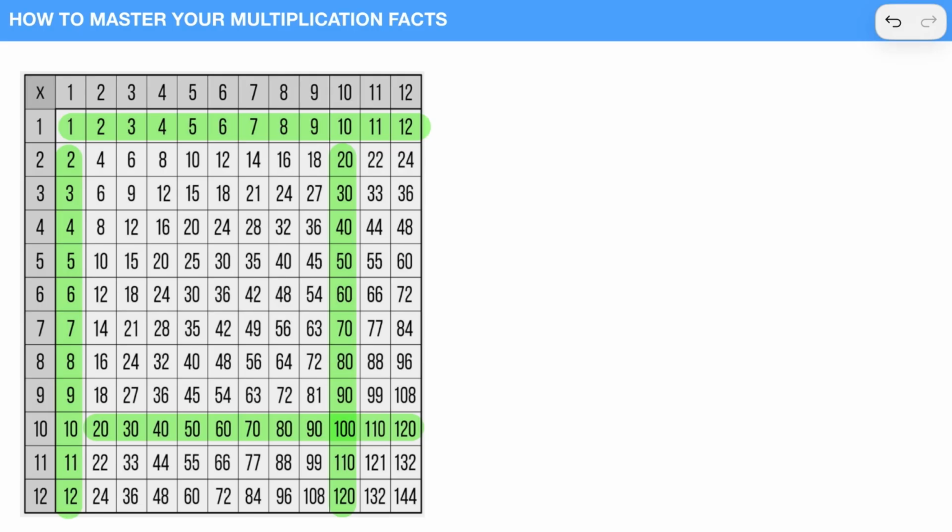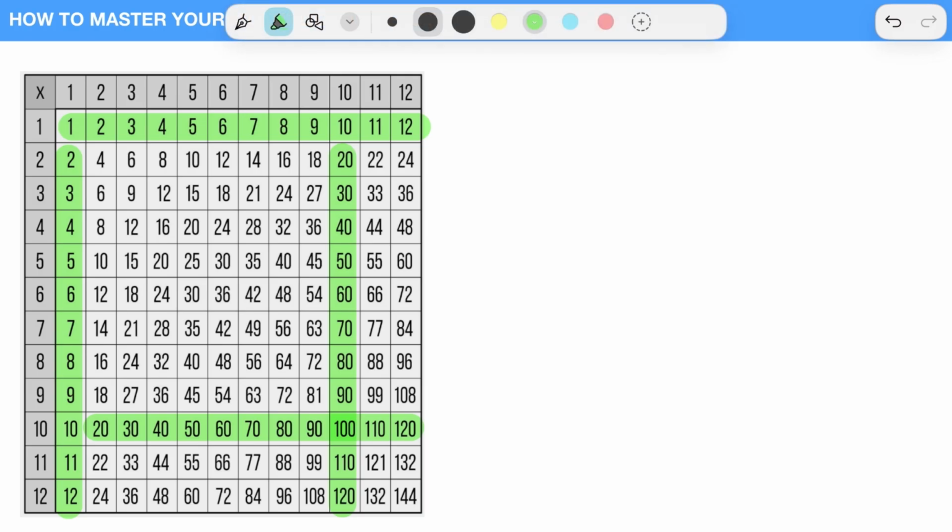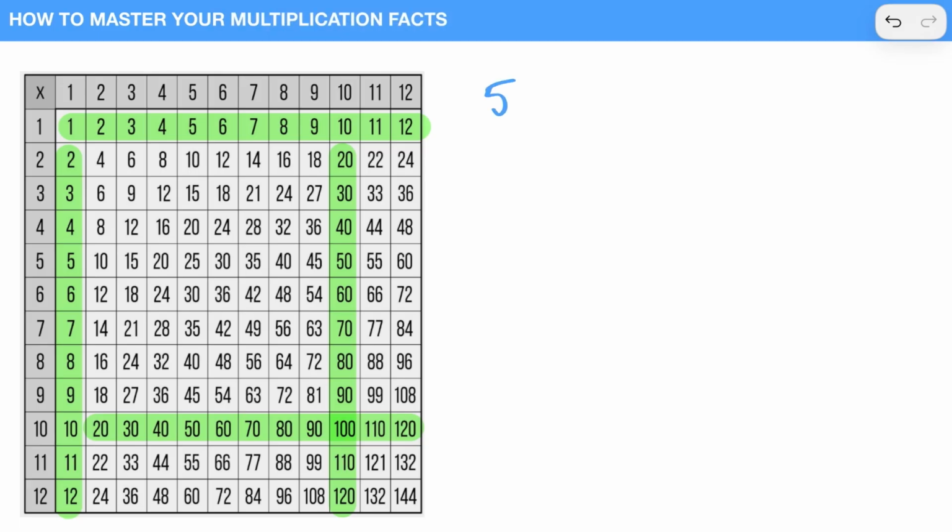Next tip, 5 times anything, you add a 0 and then divide by 2. So let's look at an example. Let's do 5 times 6. The tip is add a 0, then divide by 2, okay? If I'm adding a 0, that becomes 60, and then 60 divided by 2, that's 30.